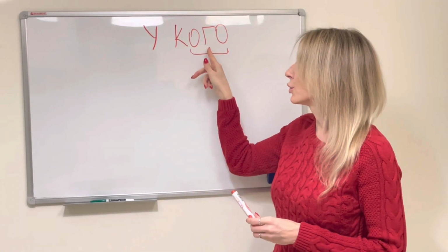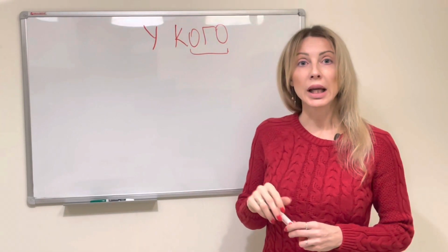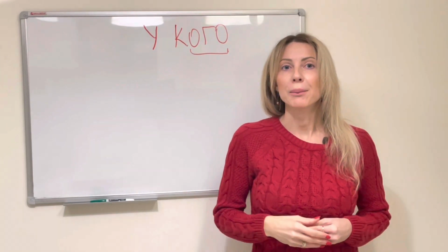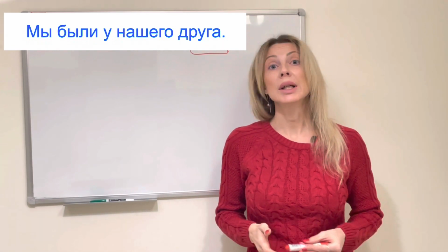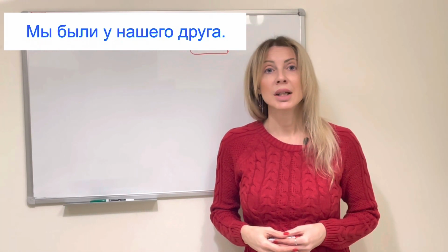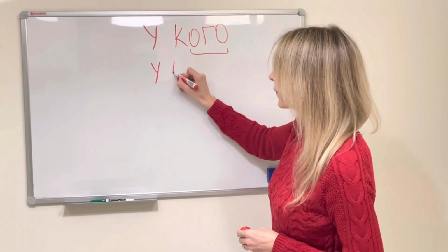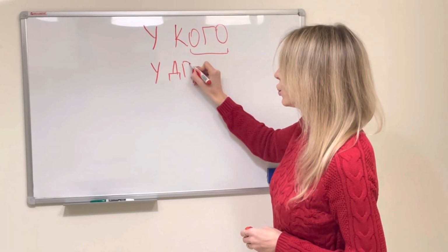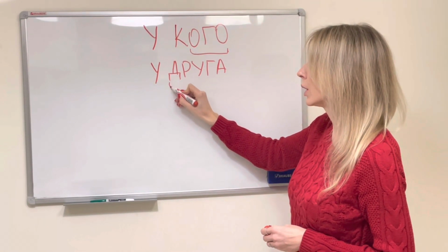But we should write down Г. Ого. У кого вы были вчера? Мы были у друга. We were at our friend's. У друга. Друг becomes in genitive case друга.